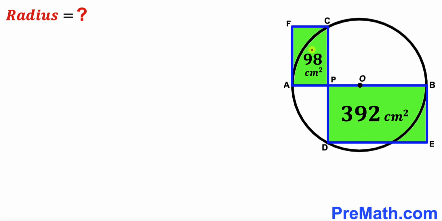The area of this rectangle is 98 centimeter square, whereas the area of this larger rectangle is 392 centimeter square. Our task is to calculate the radius of this circle.